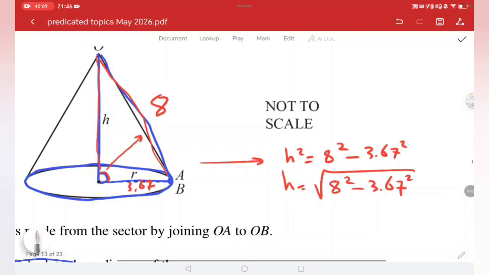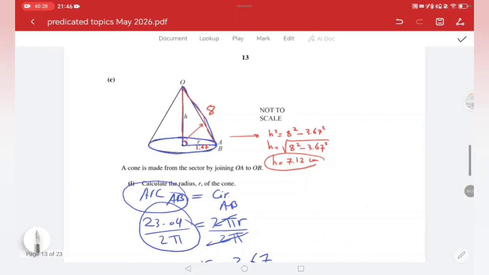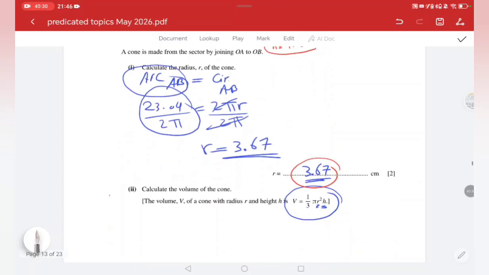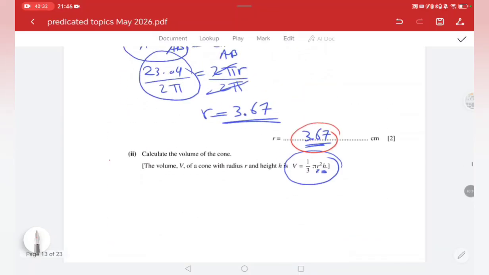Let's do it. 64 minus 3.67 squared, square root of the answer. So h is 7.12 centimeters.